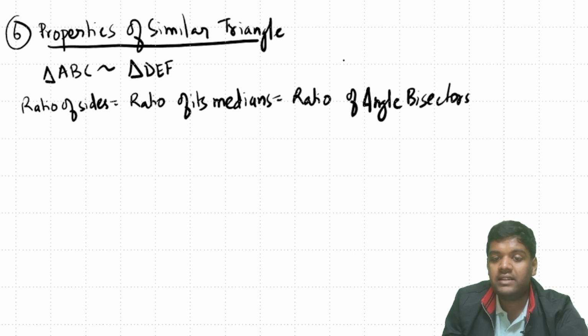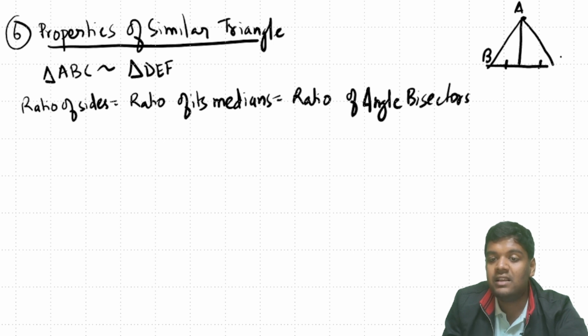A median is a line which is drawn from one of the vertices of a triangle to the other side such that it bisects the other side. Bisect means it divides the other side into two equal parts. So for example, in this triangle ABC, AD is a median which divides side BC into two equal parts, which is BD equals CD.